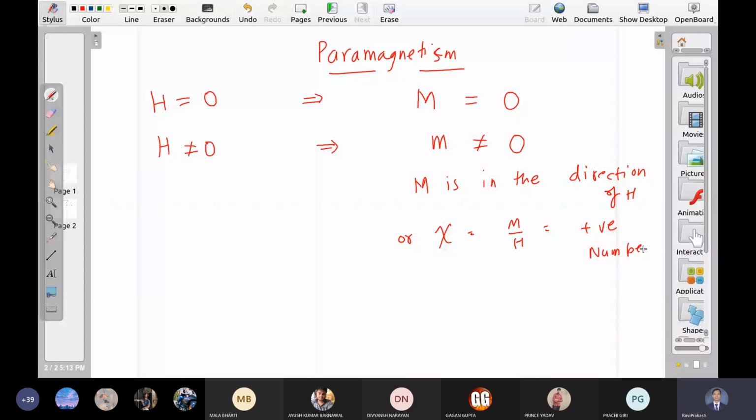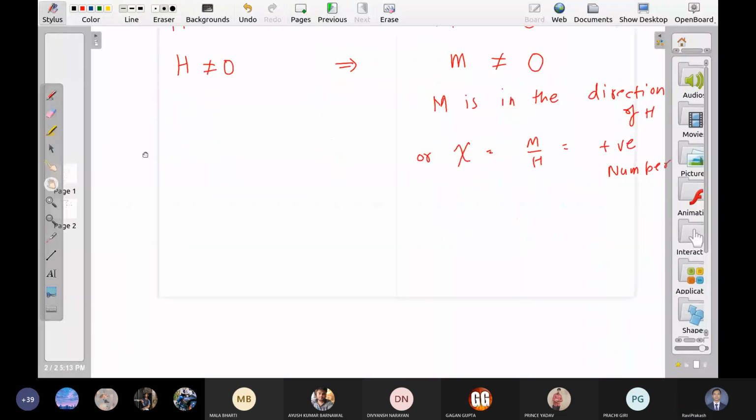So what does it say? If you have a substance, you apply some field, some magnetization is automatically created inside the material, or the net magnetic field, which is B. B is what?